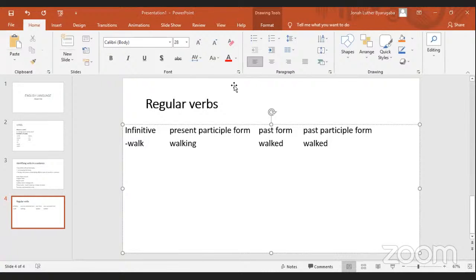Is there anyone with a question about these verbs, their types, what they are used for, the sentences they make, and tenses, before we add another verb? Do we understand what we are talking about here? If you understand, you're going to put yes in your chat.